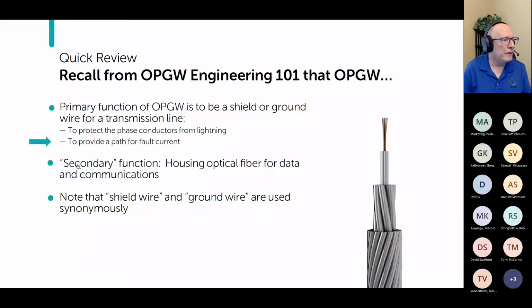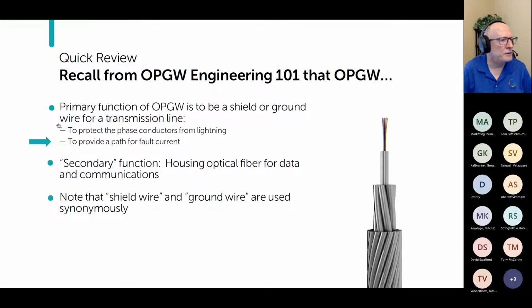The secondary function, in quote marks, for the cable was housing optical fiber for data and communications. And like lots of things in life, what starts off as a secondary function in this day and age is in some ways more like the primary function. People are more concerned about what the fibers are and how many there are and what they do than the original primary function.